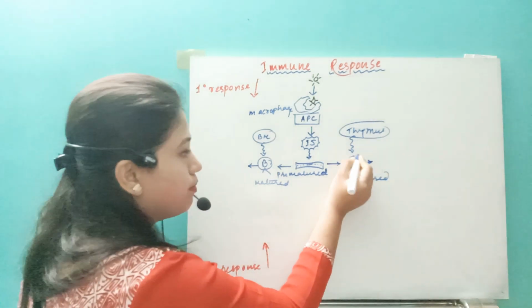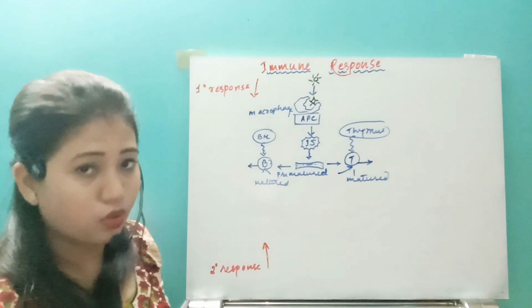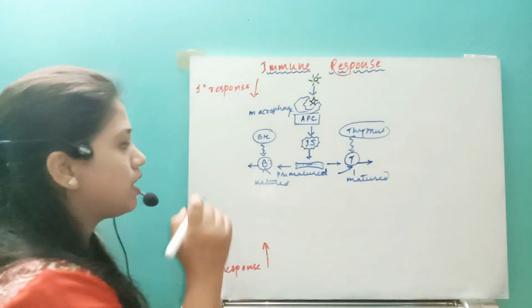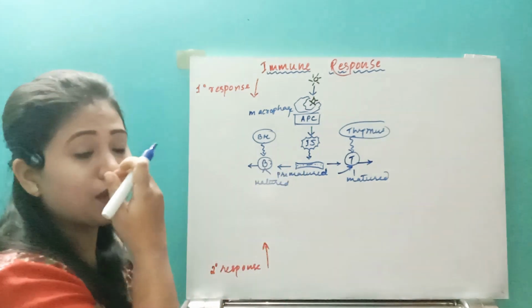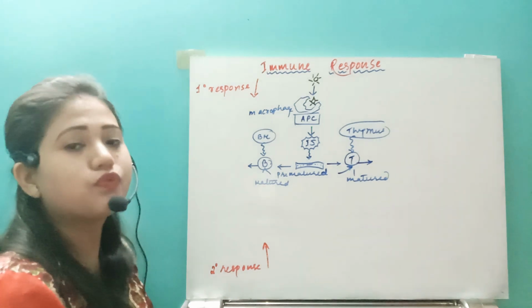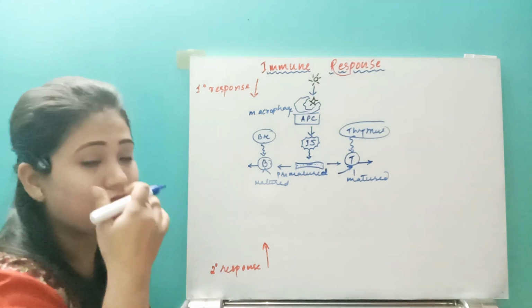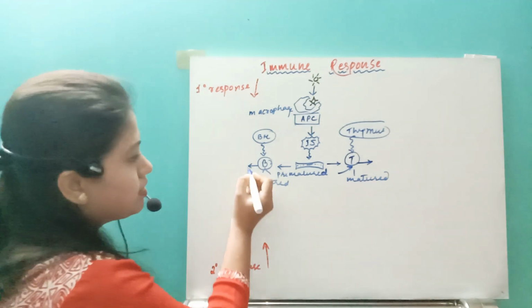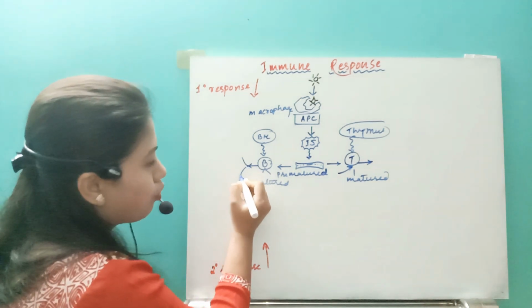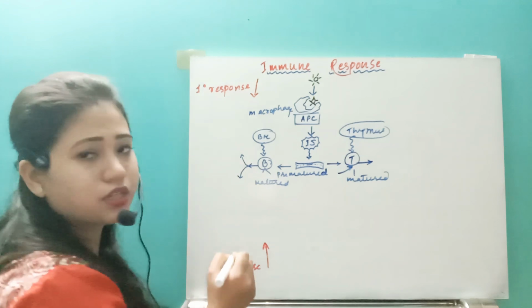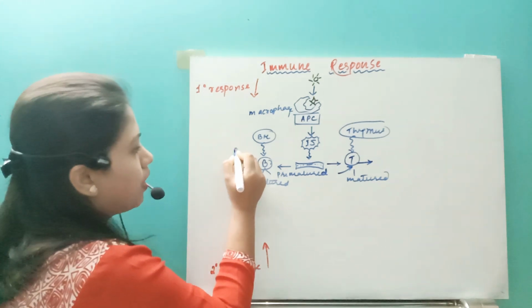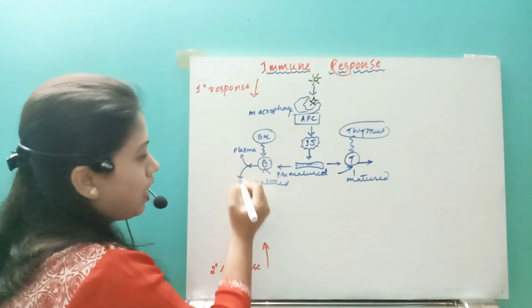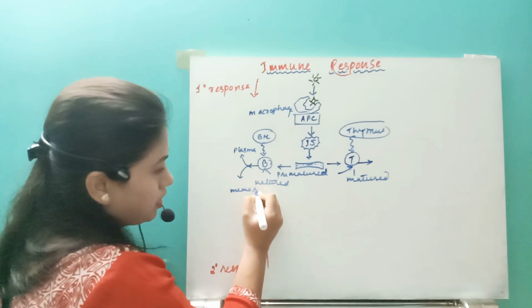Now whenever the B and T cells get mature, what will happen? They will differentiate and synthesize some other components. What are they? This B cell will be differentiated into two cells: one is plasma cell and another is the memory cell.